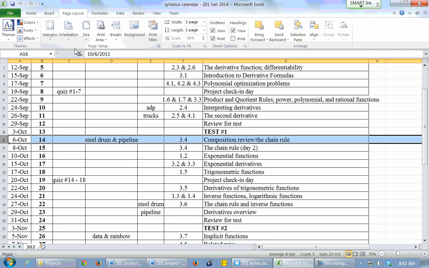So today I'm assigning two projects, steel drum and pipeline. So steel drum is about building a steel drum, a 55-gallon steel drum, like the kind that the oil is shipped in. It actually has to hold 57 gallons because you have to allow for some expansion and contraction of the liquid inside the barrel.